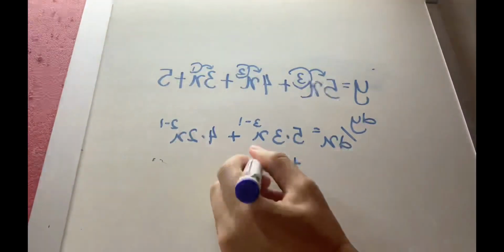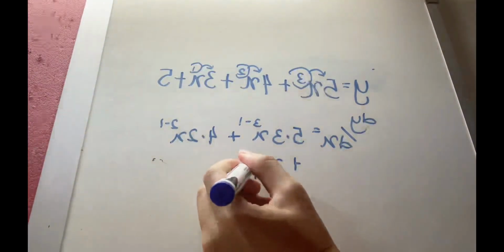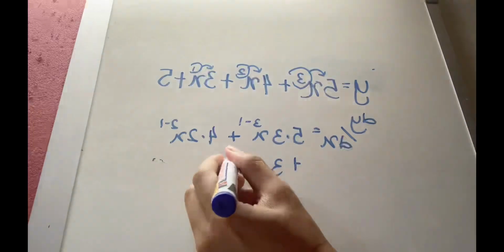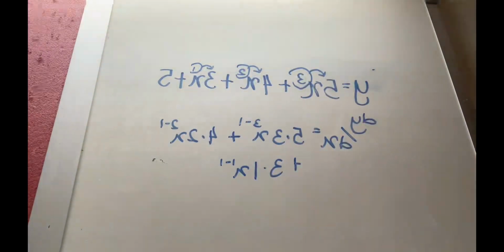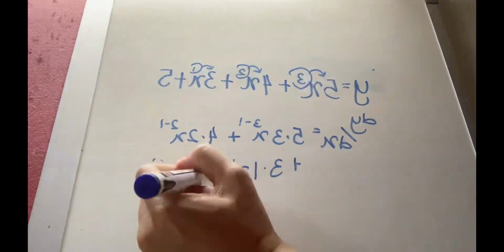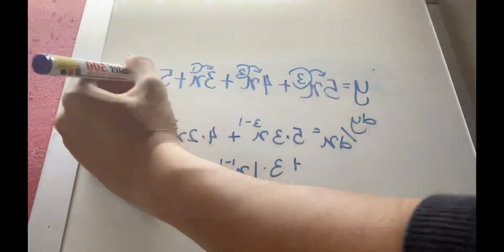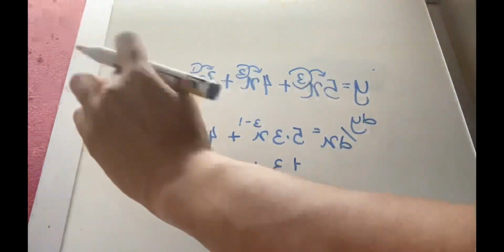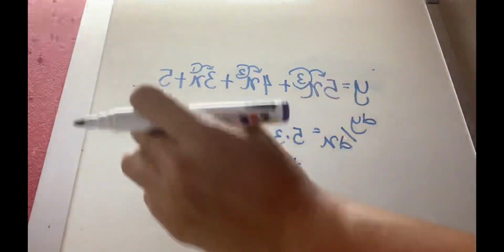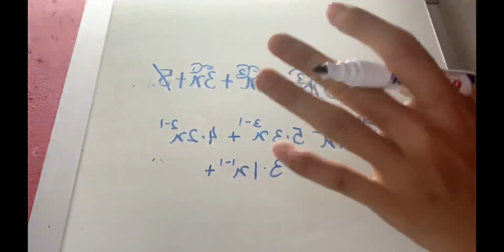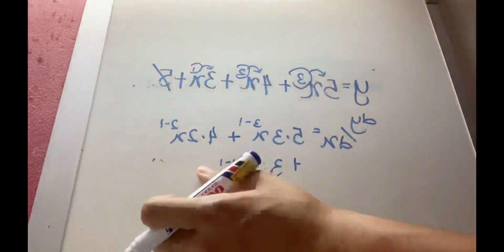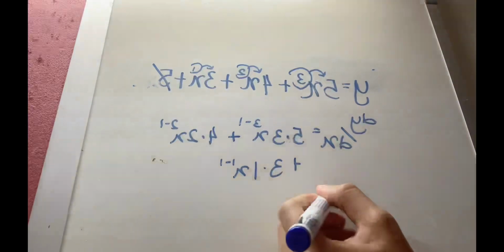So 3 times 1, x to the power of 1 minus 1. Something like that. And the last one is plus 5. We can see here, 5, there's no power, there's no x. So basically 5, we just cut it off. Therefore there's no 5.